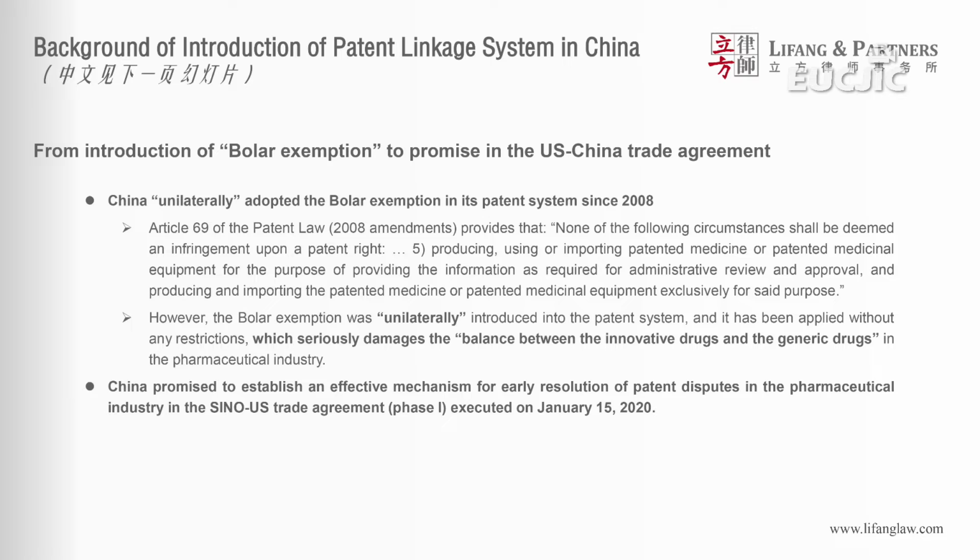We know that in the past 10 years, particularly the past 5 years, the biomedicine industry has been booming in China. More and more Chinese companies have their own innovative drugs. They have the desire to create a more balanced system. So that's what I mean by an internal desire to create a patent linkage system in China.